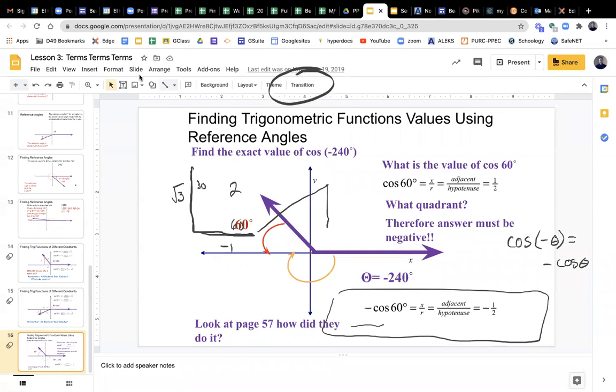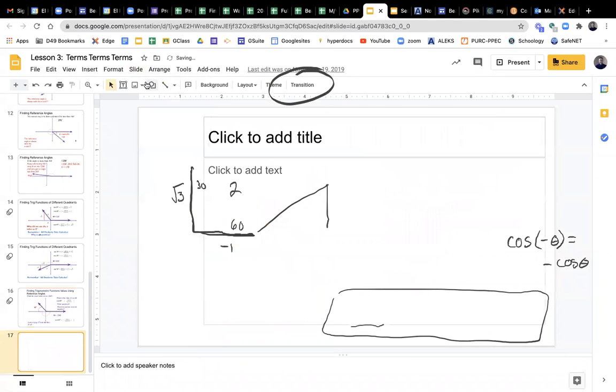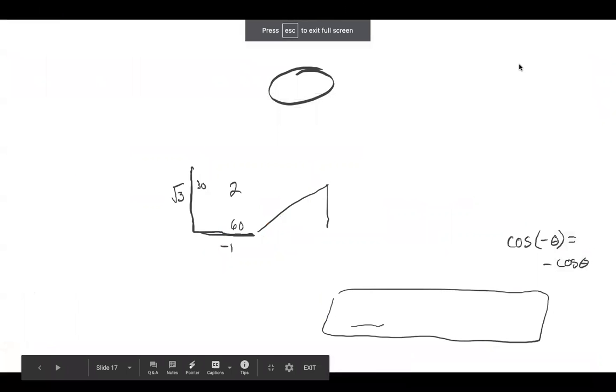So let me do a new slide here and present it. Okay. So I just wanted a clear slide. So if I wanted to know, because I didn't do any 45s, let's just say I want to know sine of 225.